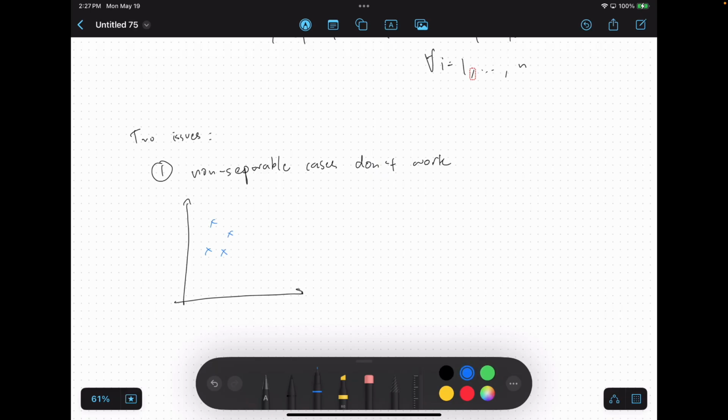So if I have this, and this is very common, who can tell me a hyperplane that will separate your outcomes perfectly? You can't, right? It's actually not possible. So this would break your classifier.